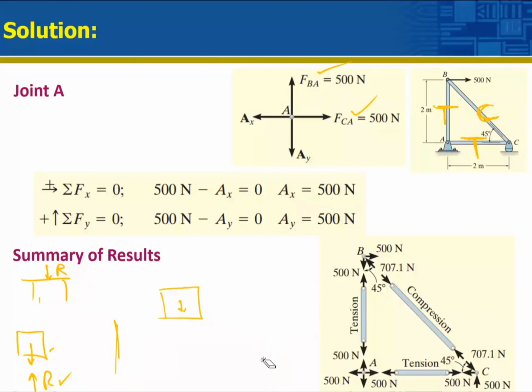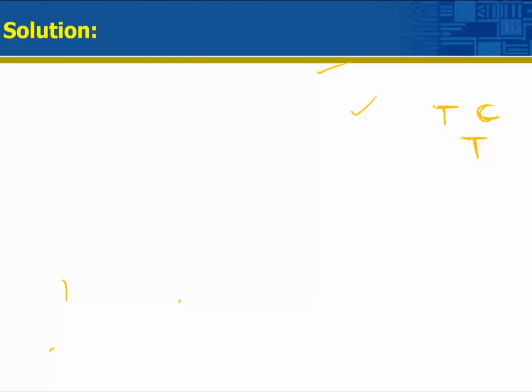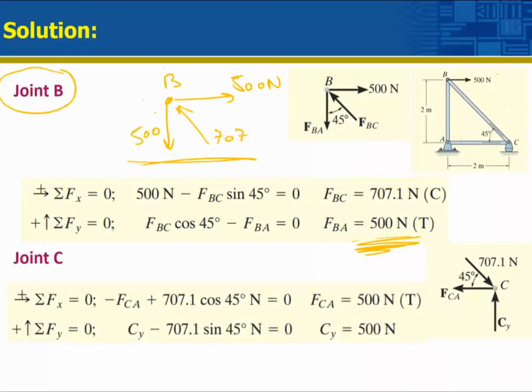When we look at point B, we calculated the force acting on pin B. We look at the forces acting on pin B. So at pin B, we had this 500 Newton coming from here. We had two reaction forces from the members, which is given here. If I look at the pin, BA is acting downward.